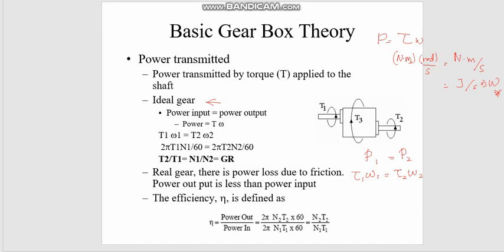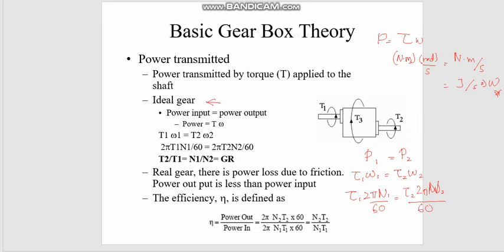And what is omega? So this is torque 1. Omega is simply 2 pi n1 divided by 60 equals torque 2 times 2 pi n2 divided by 60, right?